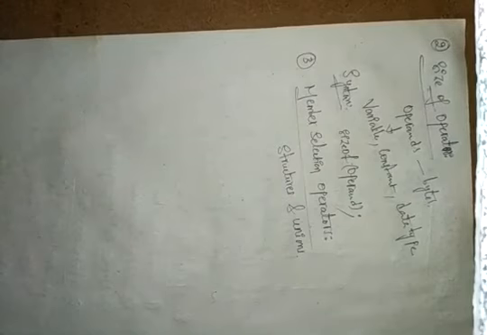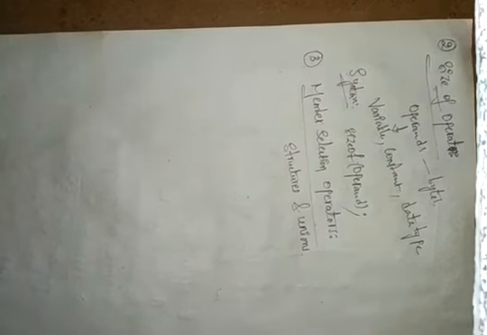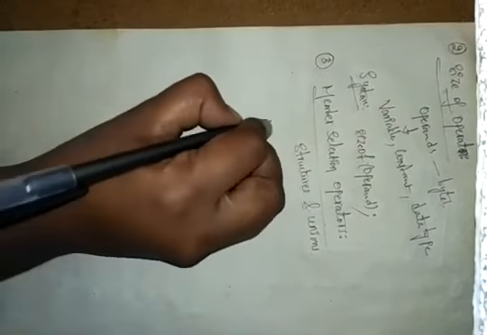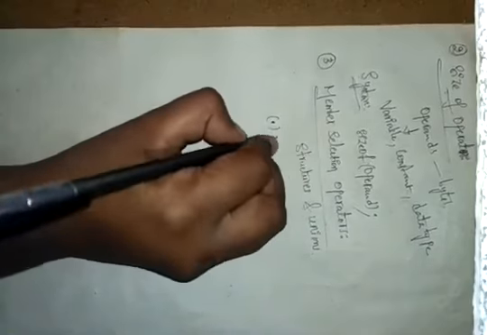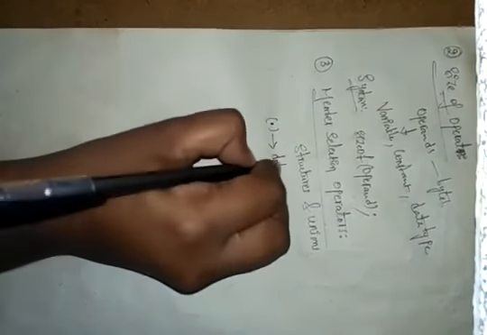We call this the member selection operator, and it has two types of operators. One is the dot operator.